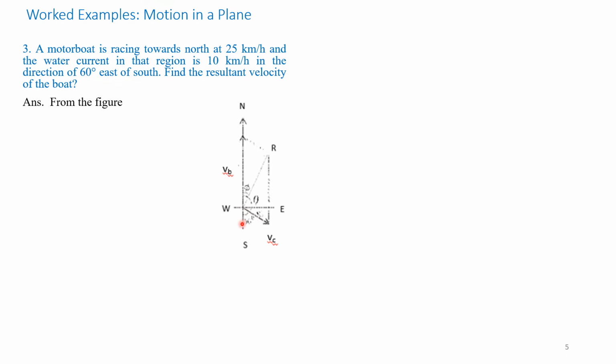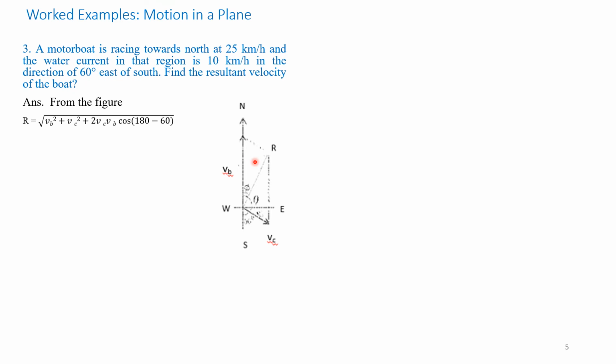East of south means this is the angle, this is 60 degrees. The resultant of these two vectors VB and VC is found by completing the parallelogram as shown in the figure, and OR is the resultant.